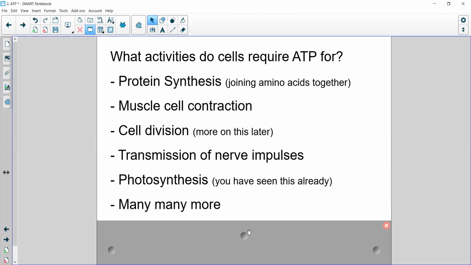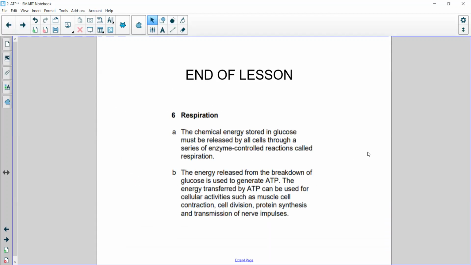Cells require ATP for pretty much any activity that you can think of. And this topic, respiration, is learning all about how it is made. And we're going to go into more detail on that in the next lesson. But that is it for this part. So hopefully this has helped explain a little bit about what ATP is and what its job is. And you should now be able to answer some questions on this topic.